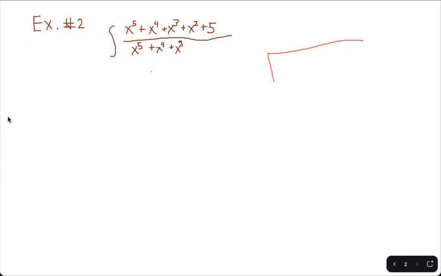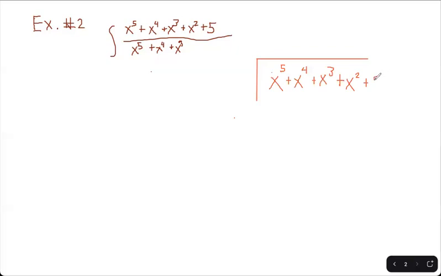that the top is going to go inside: x fourth, x cubed plus x squared plus 5.